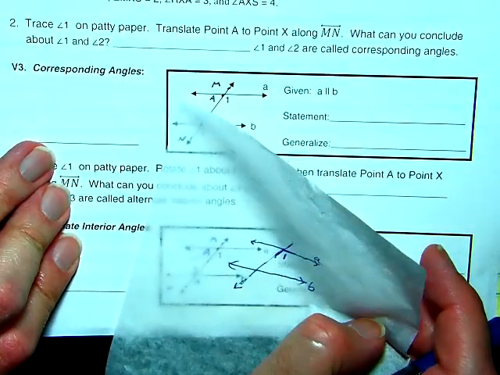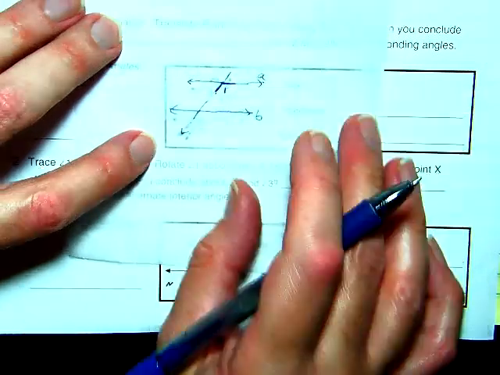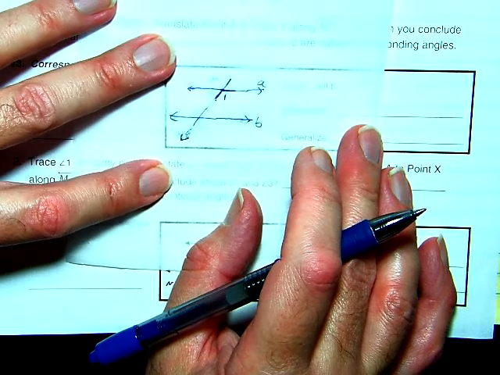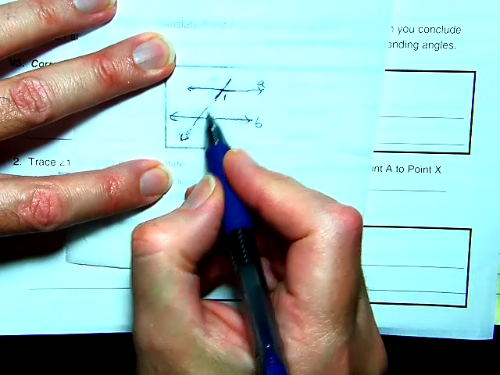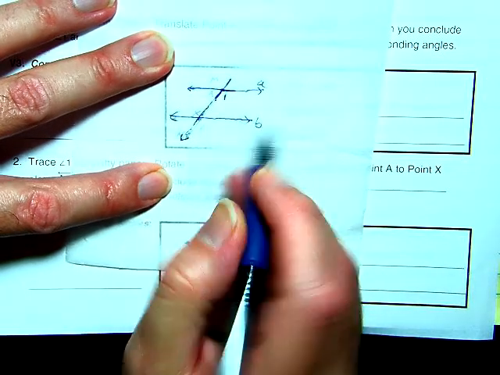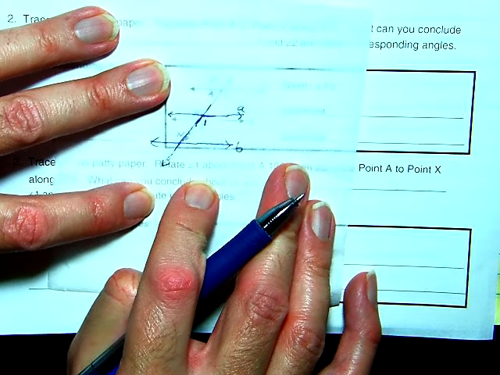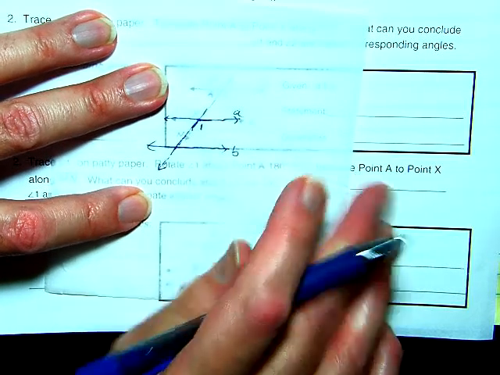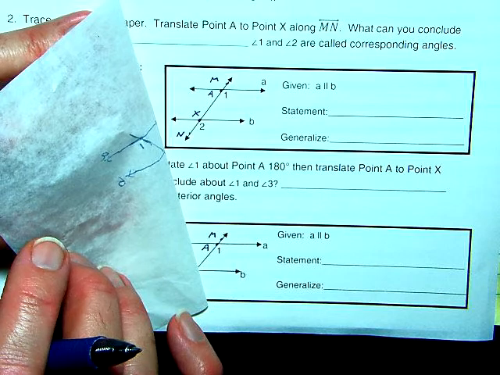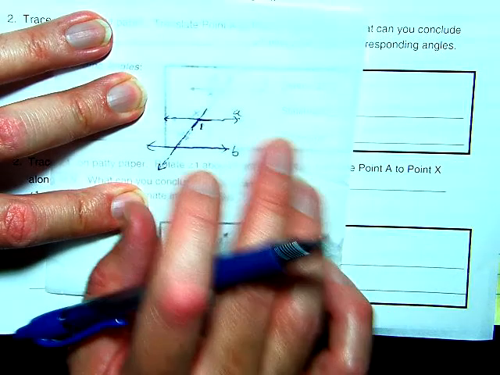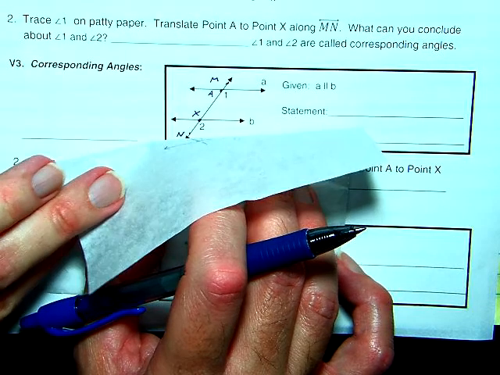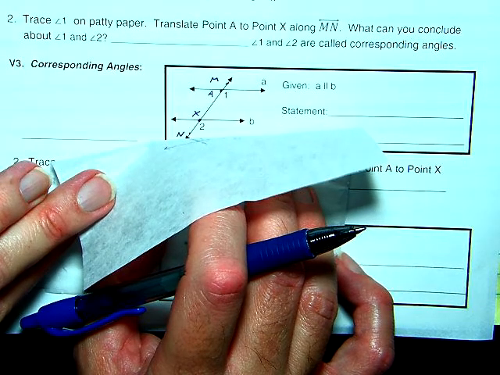Translate point A to point X along line MN. So now let's translate from this point to this point along this line. We can see through our patty paper that we're sliding along the line until angle 1 now lies on top of angle 2. What can you conclude about angle 1 and angle 2?